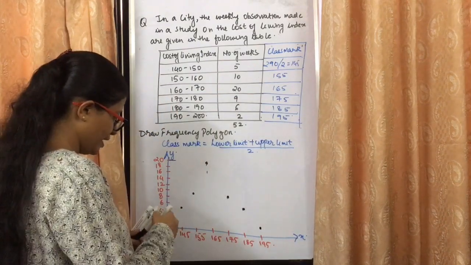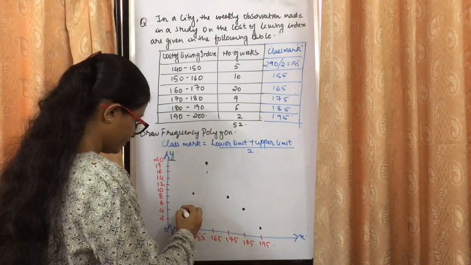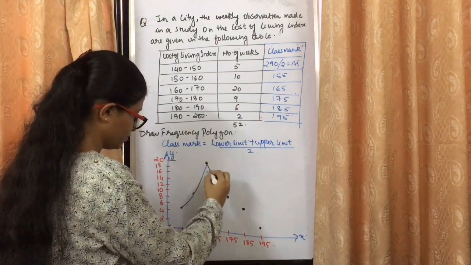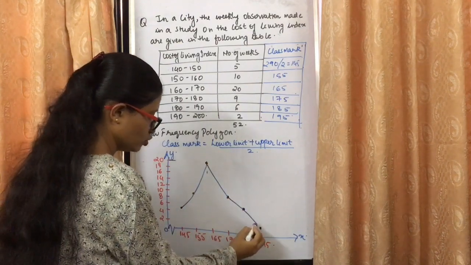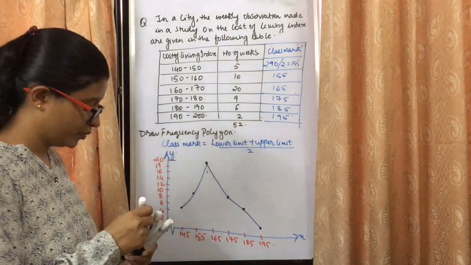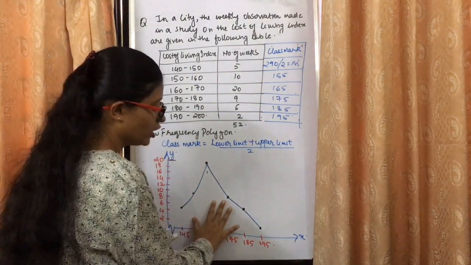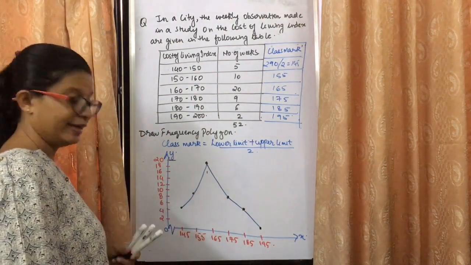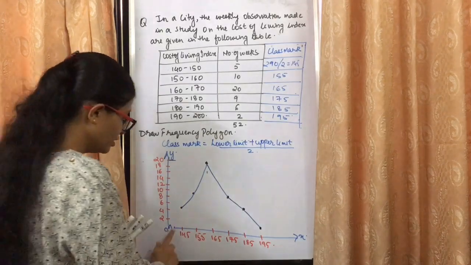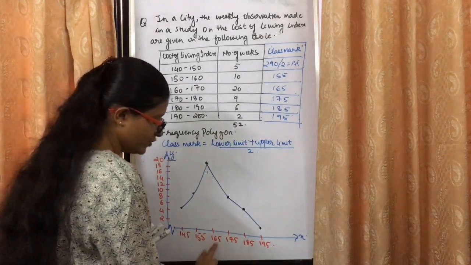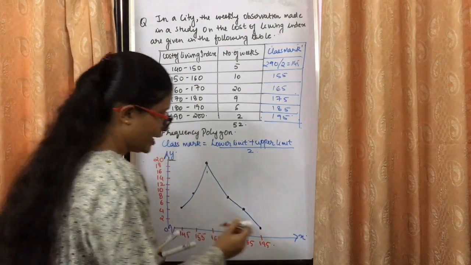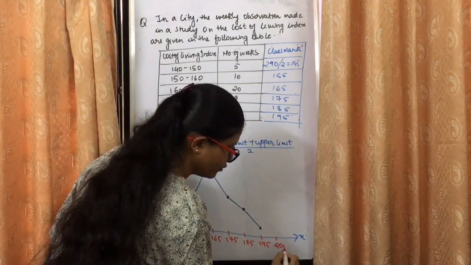So has my polygon been formed? Join it by a straight line using a ruler. Now the polygon is formed. Is it touching the axis? No, it is not. Now we need to make it touch. All these intervals are of 10 each. So what should I mark over here? 205.